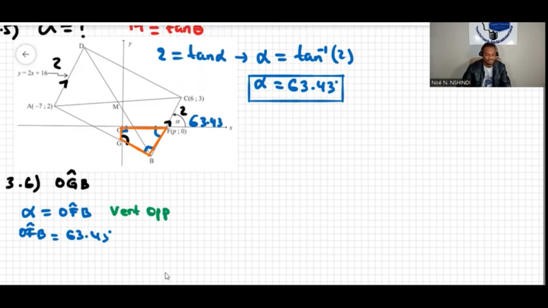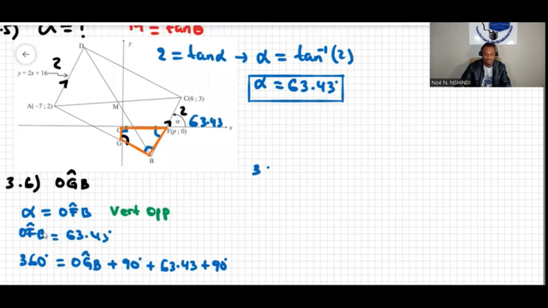So 360 degrees will be equal to OGB plus 90 plus 63.43 plus another 90. So this is OGB plus 90 plus 63.43 plus 90, all equal to 360 degrees.